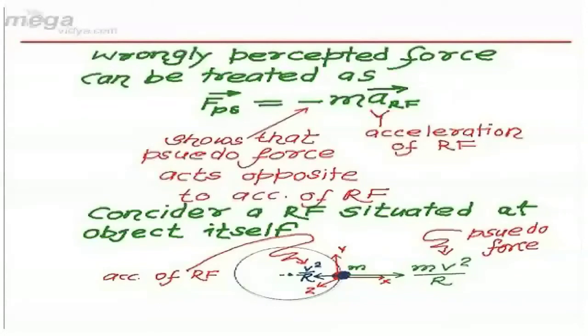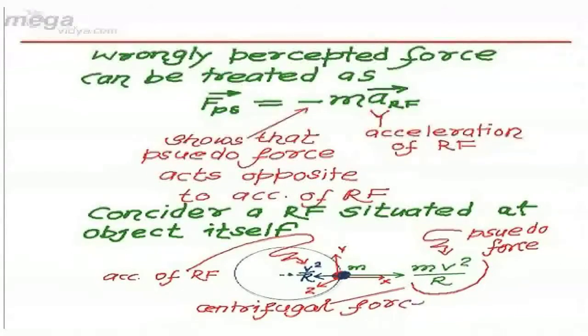And as you know, pseudo force acts opposite to the acceleration of the reference frame. That's why this pseudo force mv square by r is directed away from the center, and this is the centrifugal force.